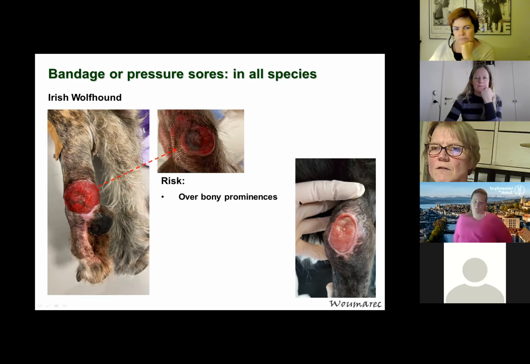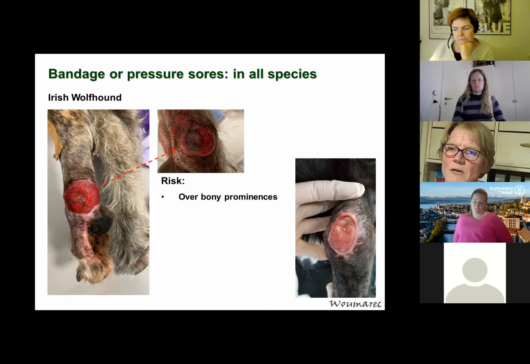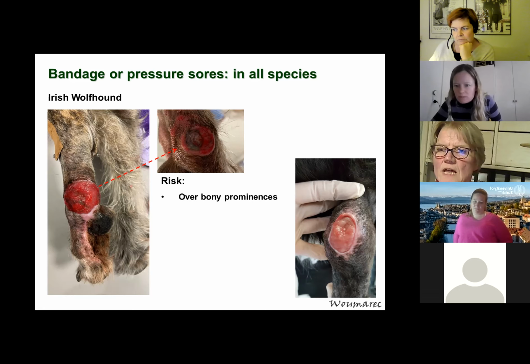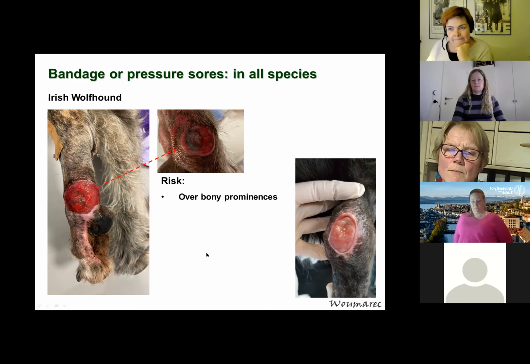This is another example, and this is more a real pressure sore, which we see often in the large breeds. This is a pressure sore on the elbow, and this is caused by the weight of the animal when the animal is lying often or for longer times on a hard surface. And Mirja will tell you probably more about these kinds of things.